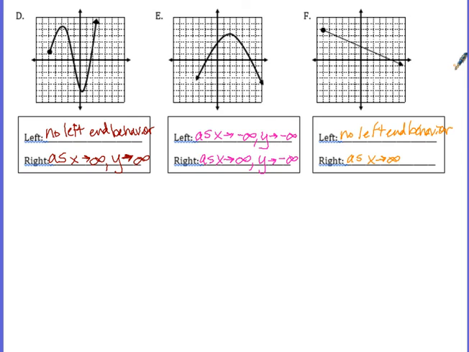Right end, to the far reaches, x goes to positive infinity. Y is doing what? Y is going down as we reach to the right. So y is going to negative infinity. Okay? So that is end behavior, and you must always talk about both ends when you talk about end behavior.